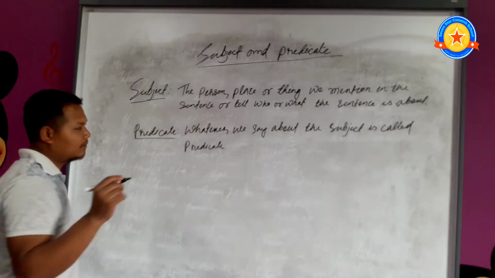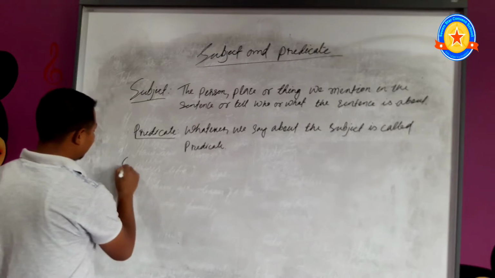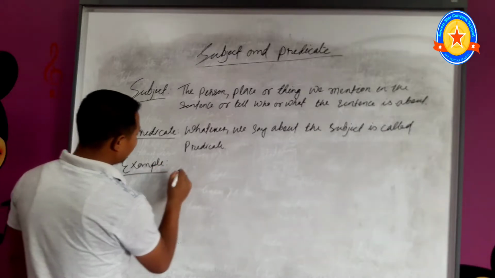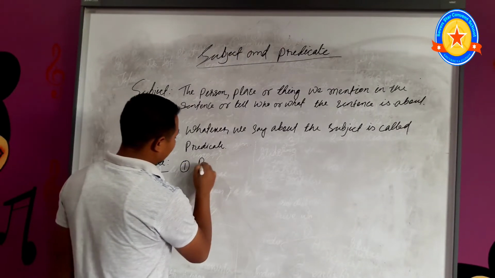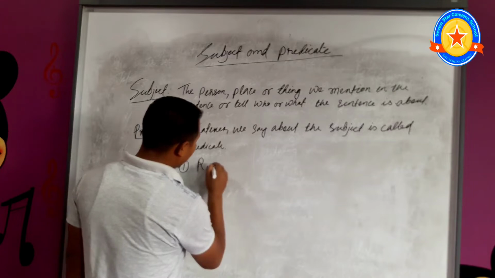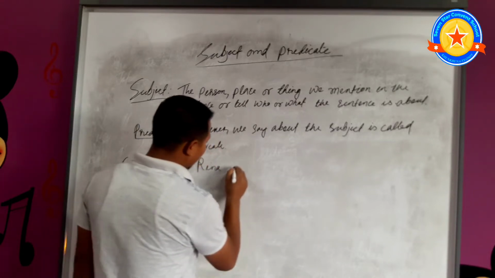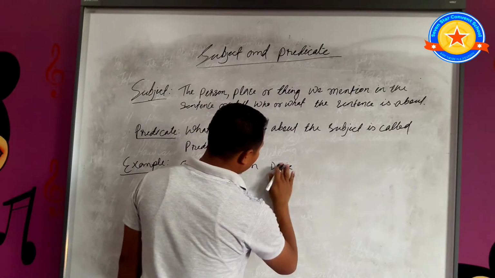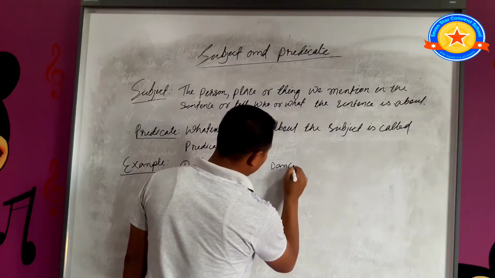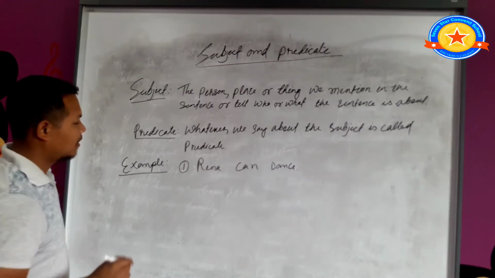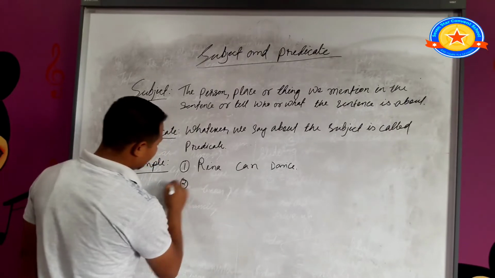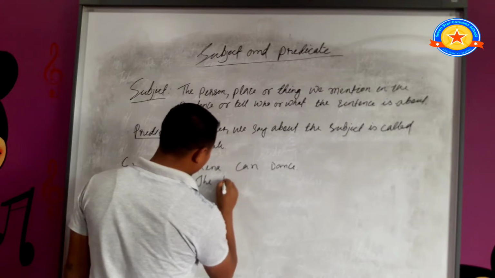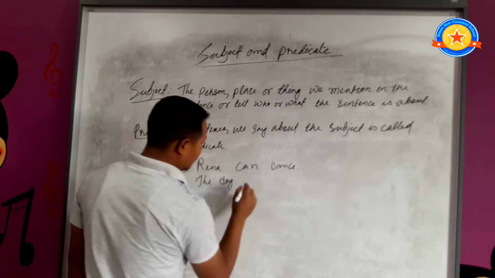Let's see some examples. Number 1: Rina can dance. Number 2: The dog barks.